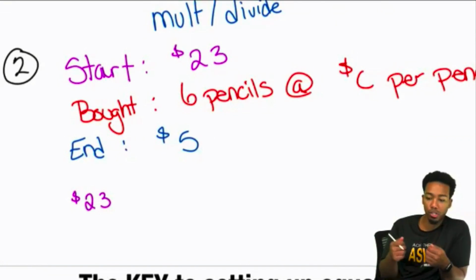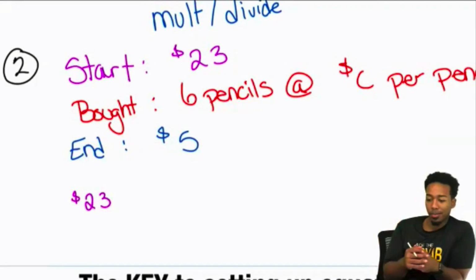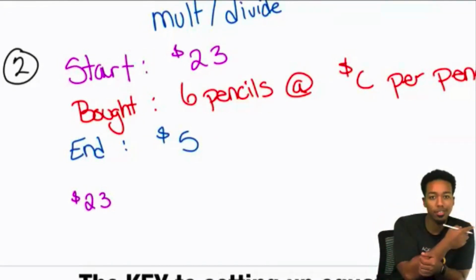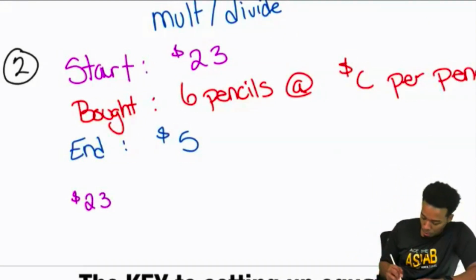Are we gaining money? Are we losing money? Are we dividing our money? Are we multiplying our money? Right, we're losing money, and losing is connected to what operation? Subtraction. Right on, guys. Yep, we are losing money, so we are subtracting.